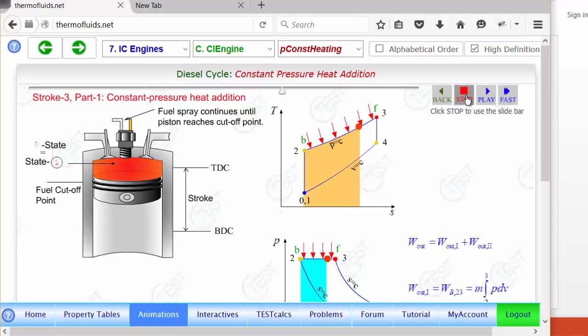However, unlike the Otto cycle where the fuel is already vaporized and the combustion is almost instantaneous, here the small droplets of the fuel cannot burn instantly. As a result, as the fuel burns, the piston cannot be assumed to be at the same location.